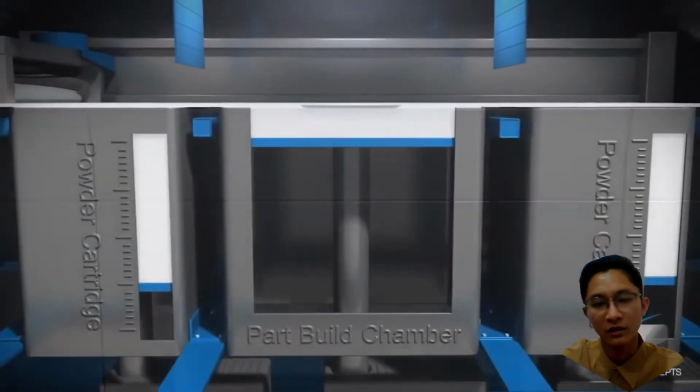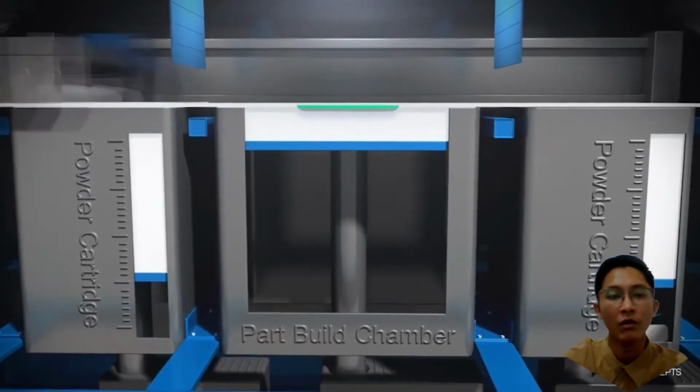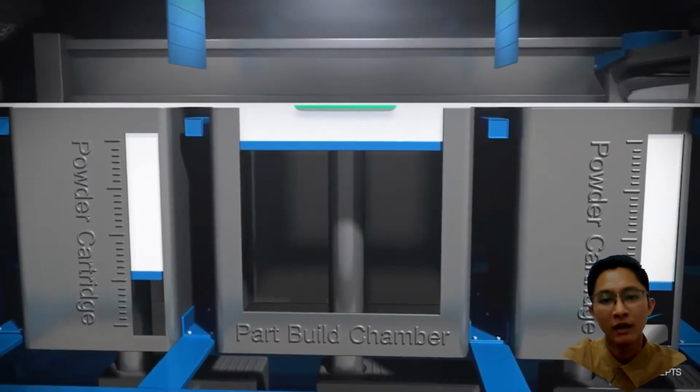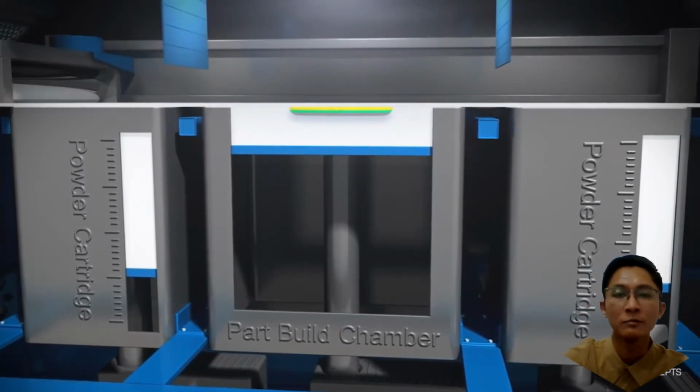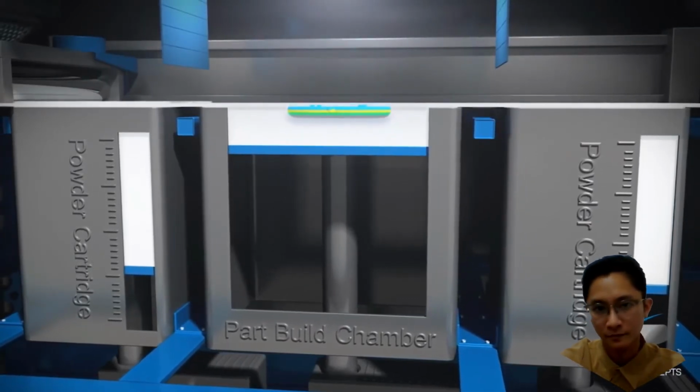Electron beams or thermal print heads are used to melt or partially melt a fine layer of material after the excess powder is blasted away.